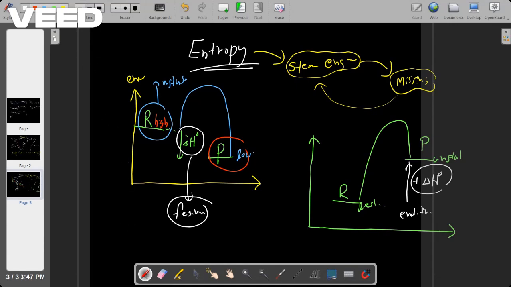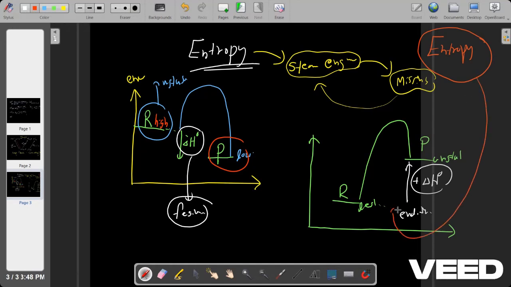The unknown thing at that time was entropy. By understanding entropy, they were able to explain how even endothermic reactions are happening spontaneously. Right? Now, with the entropy in the picture, they were able to explain that also.